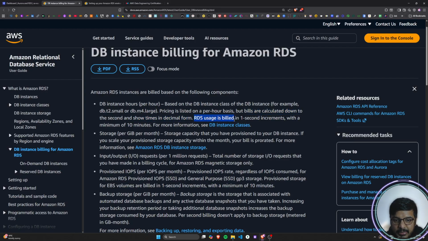RDS is billed in per second increments with a minimum of 10 minutes. For more information, you can go to this particular link.